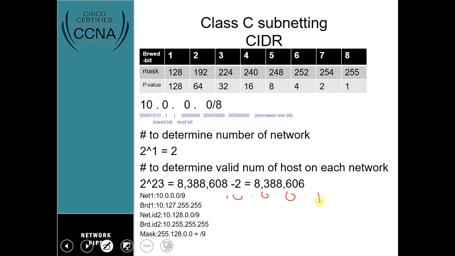If you want a new address again, this one will be 2, this one can be 3, 4, 5, 6, 7, 8, 9, 10, up to 255. Then if another host needs another address, it's not going to be 10.0.0.256, because it's not a valid IPv4 address.